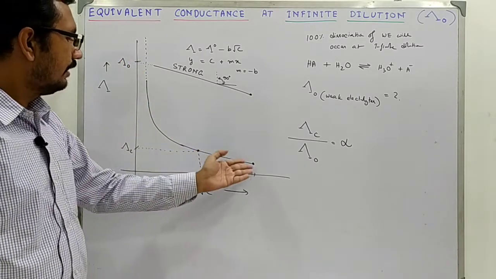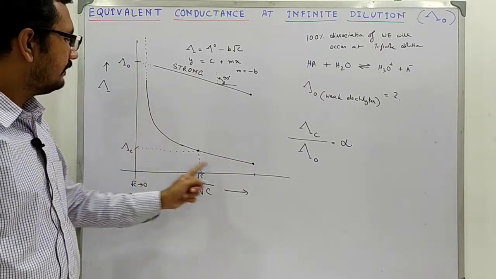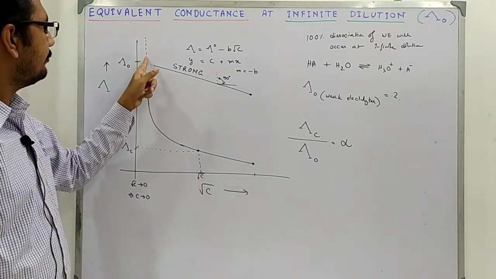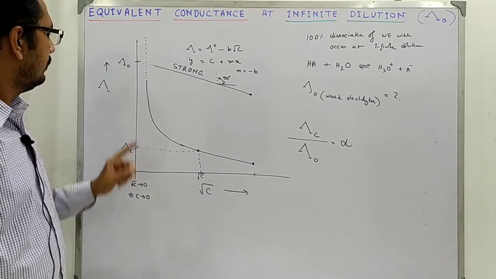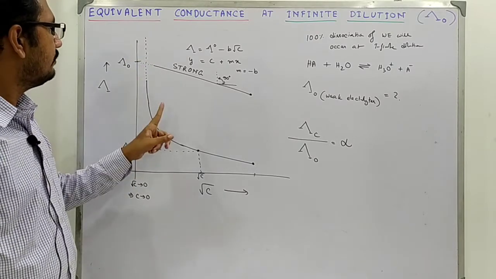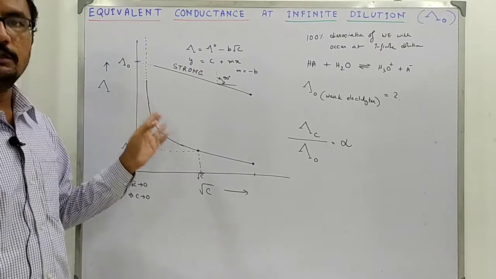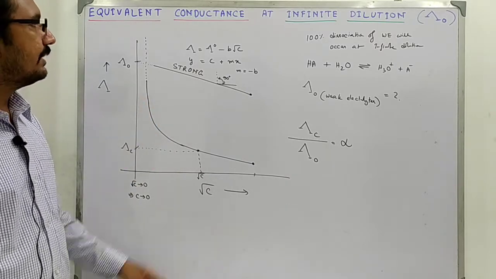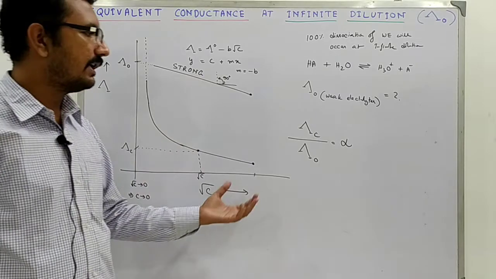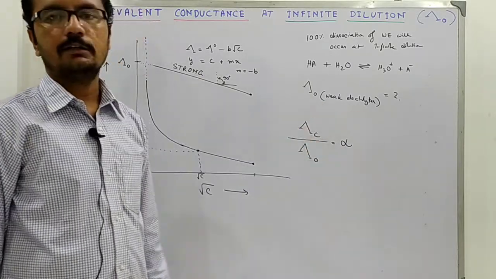But for weak electrolytes, after having this graph, you will not be able to extrapolate it, as it will cut the y axis. So, you will be unable to determine lambda 0 for weak electrolytes through experiment. You need some other technique, which is given by Kohlrausch's law of independent migration of ions, and that is the topic of our next lecture.